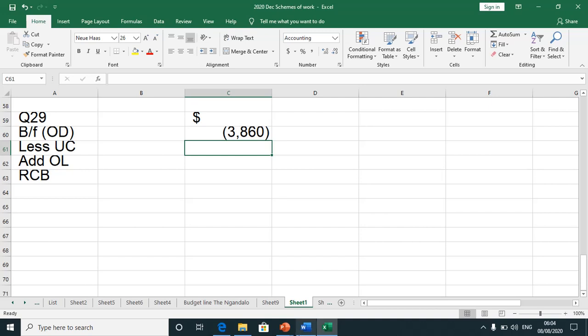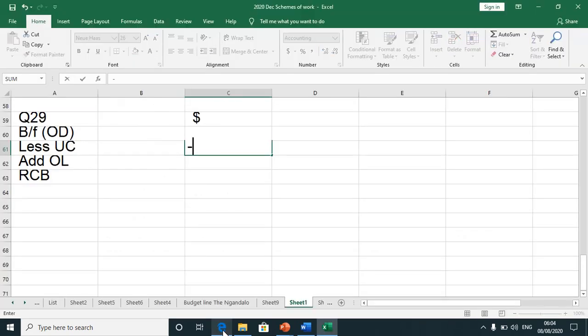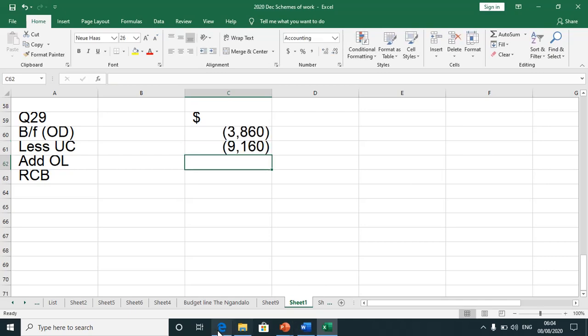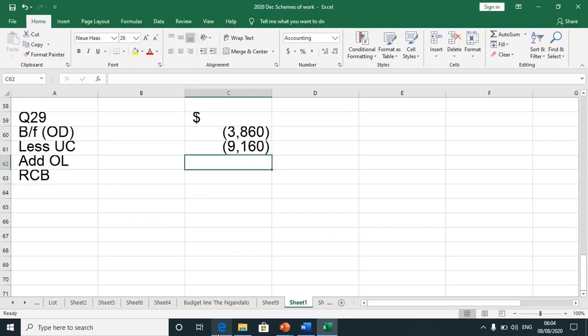Then everything else was done correctly. 9160, you less 9160, and then you add 16,690.